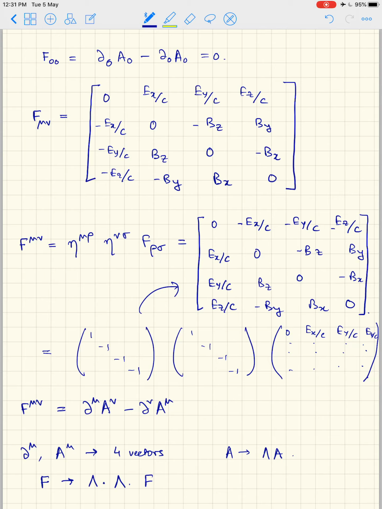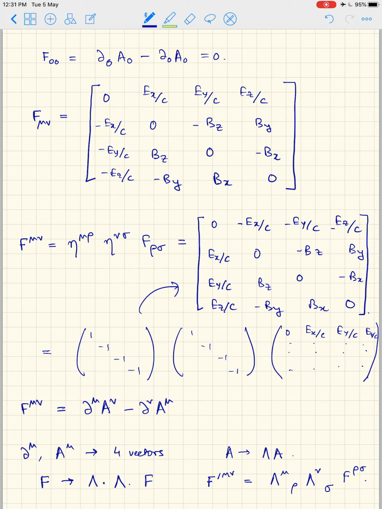When written out in terms of indices, F prime mu nu is going to be lambda mu rho lambda nu sigma F of rho sigma. Okay, so you can do all of this in terms of matrices, and this will be fine.